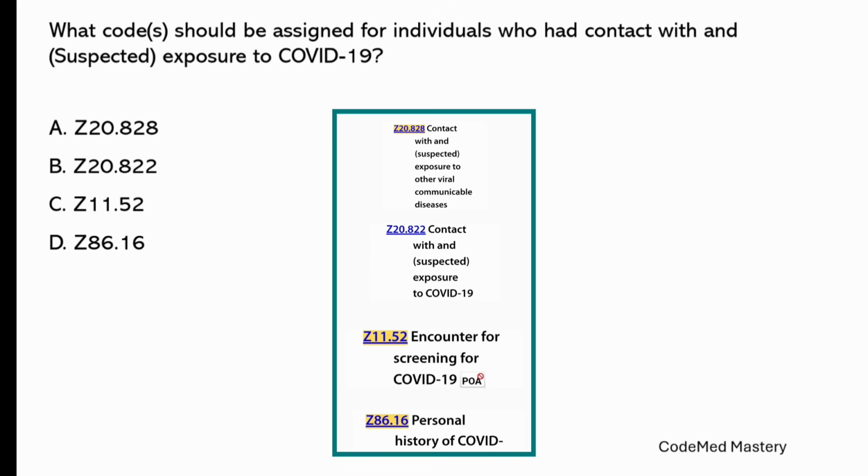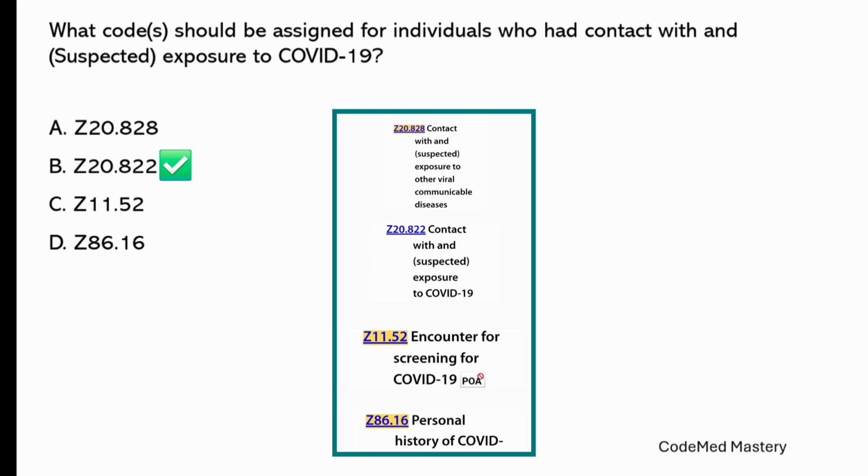In the question, they are asking what code should be assigned for individuals who had contact with and suspected exposure to COVID-19. The correct answer is option B, because the code Z20.822 represents contact with and suspected exposure to COVID-19.